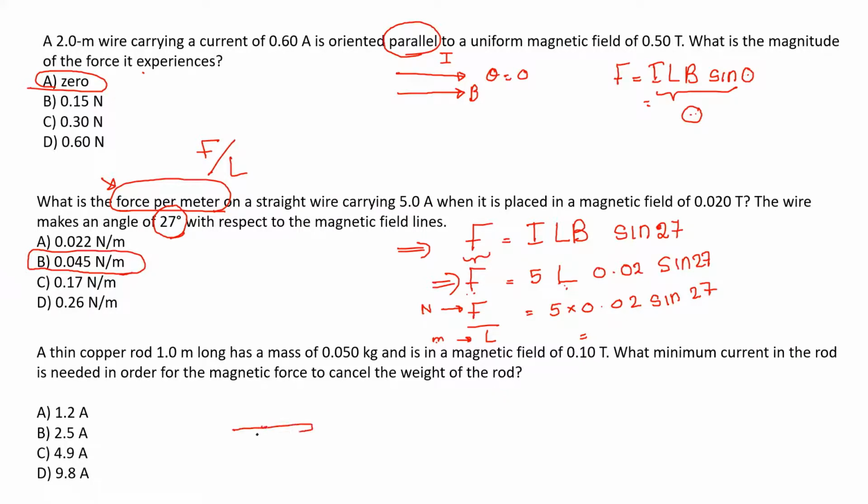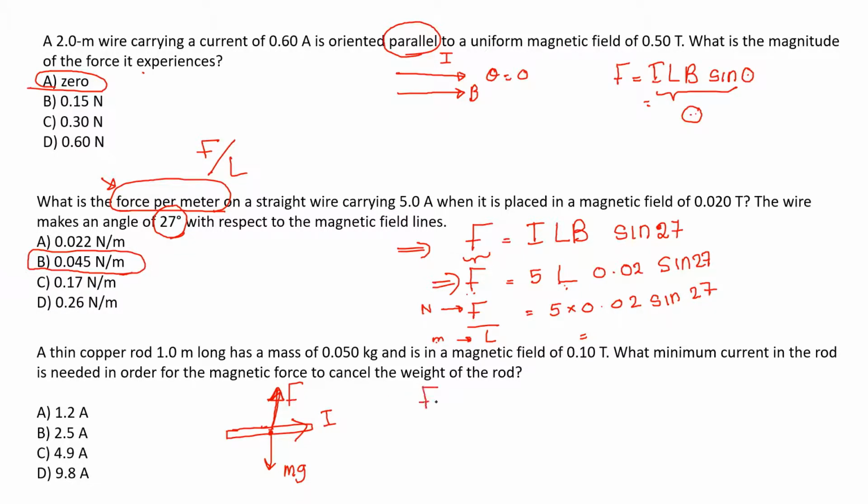Okay, so let's say this is my current carrying conductor and it has a weight. And your magnetic force should be opposite to your mg for them to cancel off, and also they should be equal.